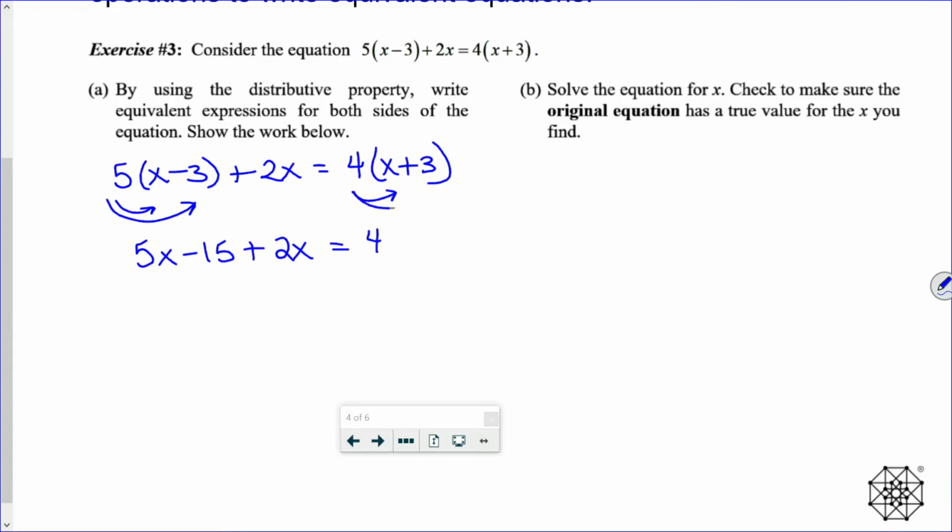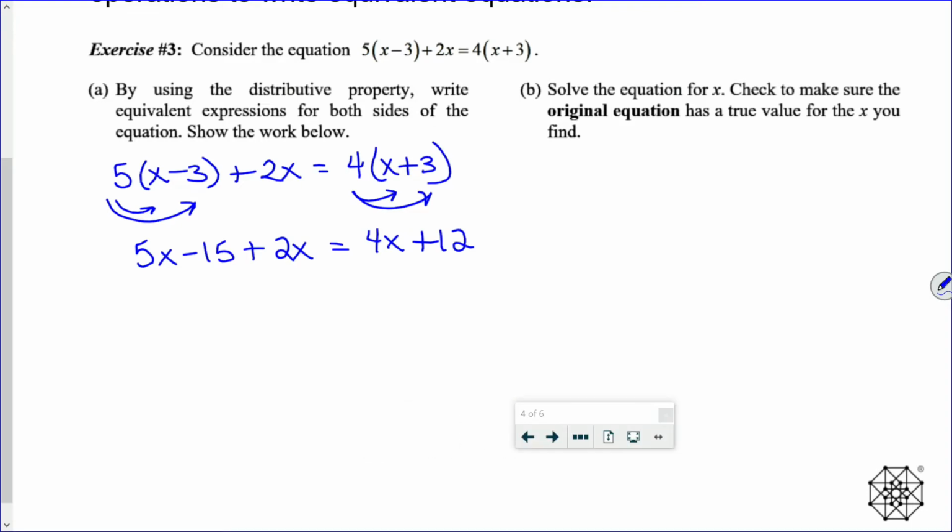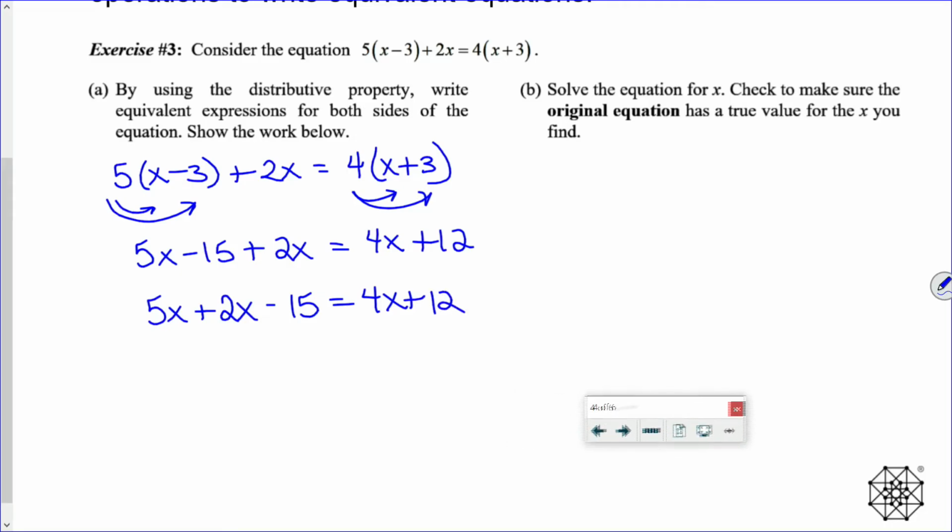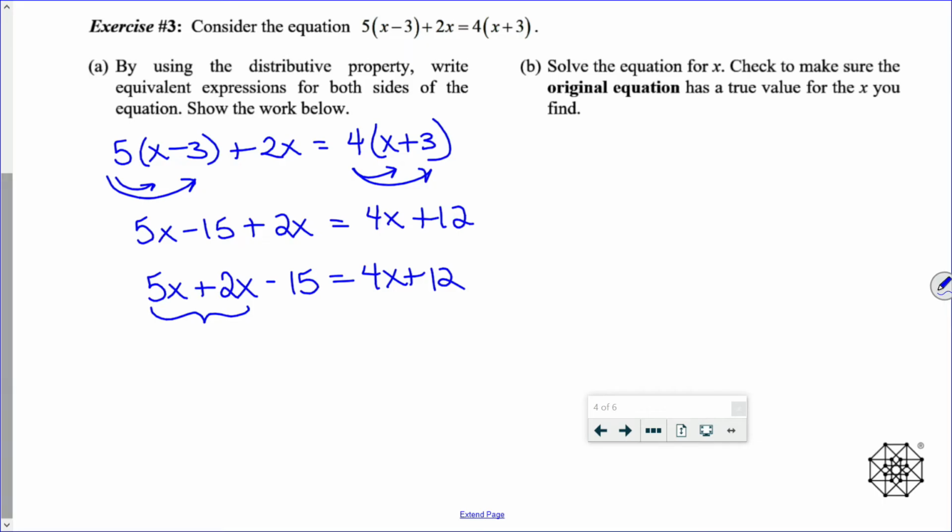All I'm doing is rewriting the left-hand side and the right-hand side in ways that seem simpler, right? I could then use the commutative property of addition to rewrite this side as 5x plus 2x minus 15 is equal to 4x plus 12. I can now combine these like terms and say 5x plus 2x is 7x.